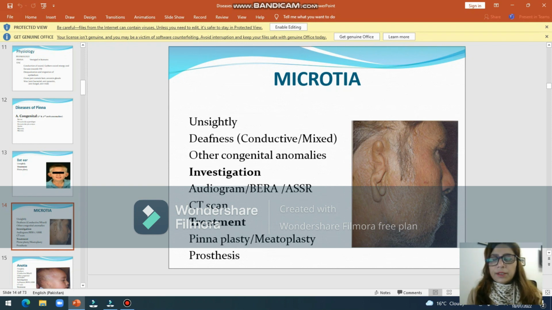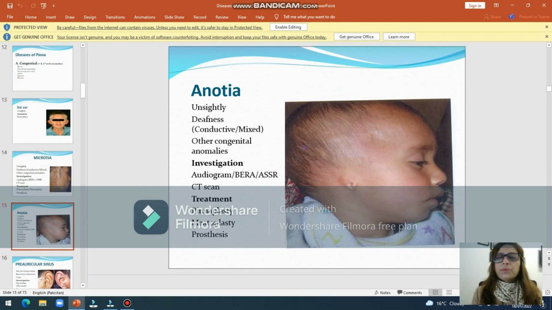If there is obstruction of the external auditory canal, you can correct it through meatoplasty, or if the patient doesn't agree for surgery, you can advise prosthesis. Anotia is complete absence of the ear, so it can also be accompanied by some other congenital anomalies, conductive hearing loss, atresia of the external auditory canal, absence of the inner ear.